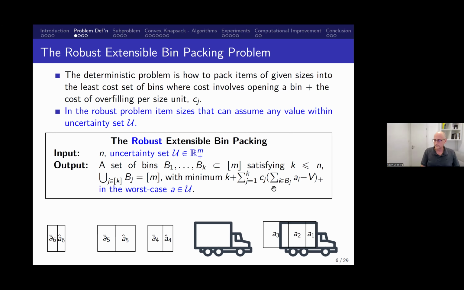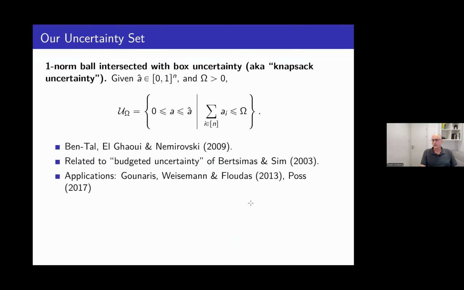Okay, so this is the problem we're dealing with, and if you look at this figure here, perhaps when you're overfilling trucks, it may not be such a safe thing to do, but again, our motivation is more in scheduling surgeries, where it's very important, and it typically happens that you go over the work shift. Okay.